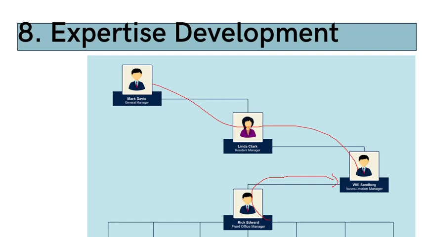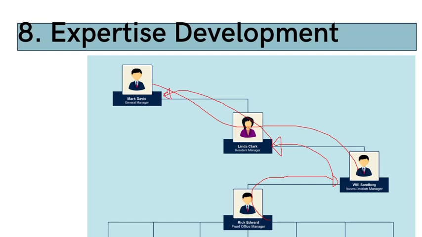And if he continuously develops his skills, from room division manager he will become a resident manager or RM. And later on, if he also continuously develops his skills, he will become the general manager. So there is expertise development.